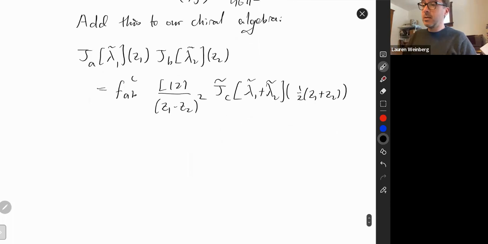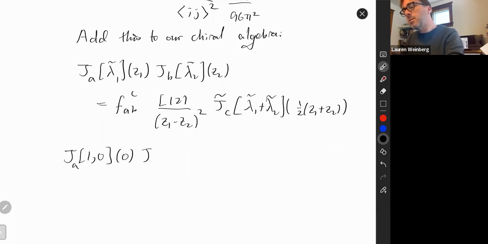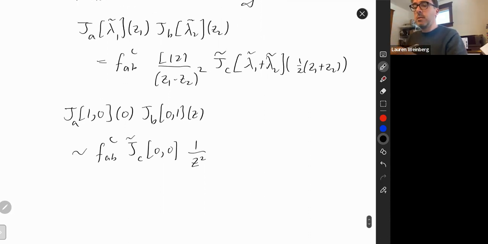I've written it in terms of generating functions, but if we expand these generating functions and write it more explicitly, we find the following expression, plus half 1 over z times the derivative of A tilde c.